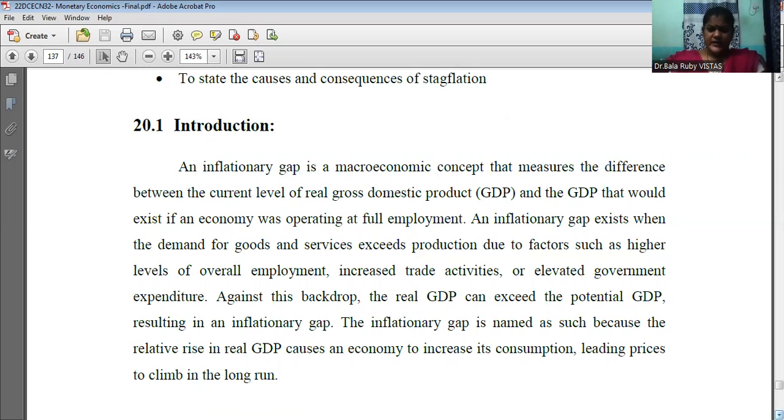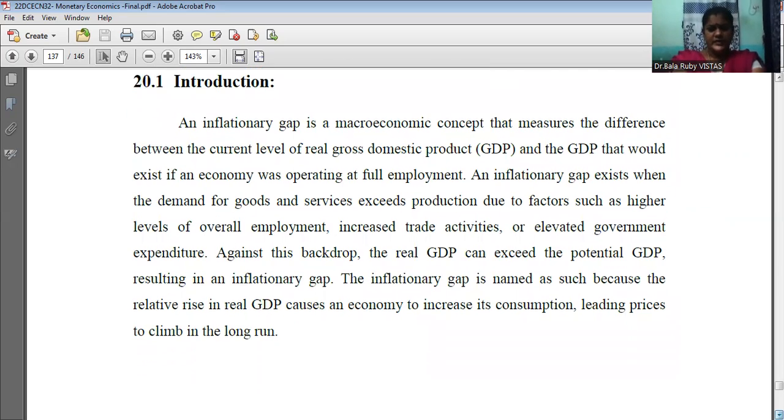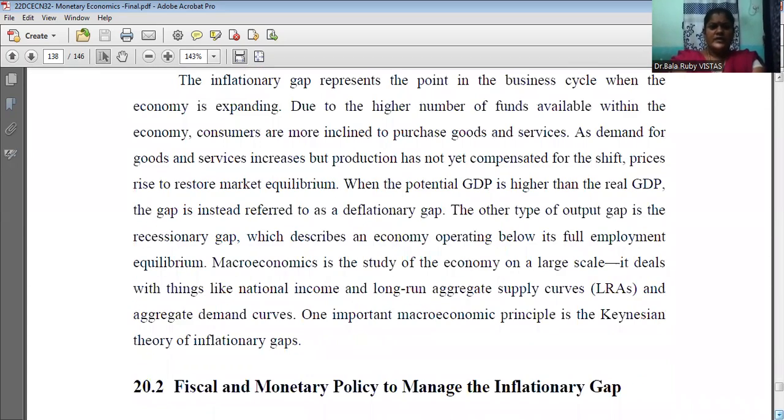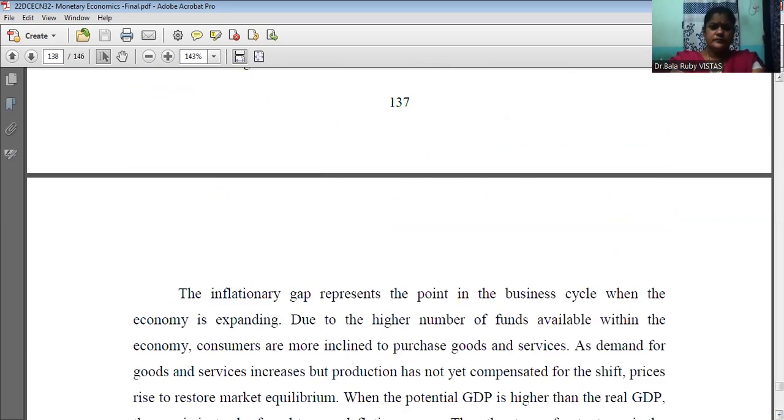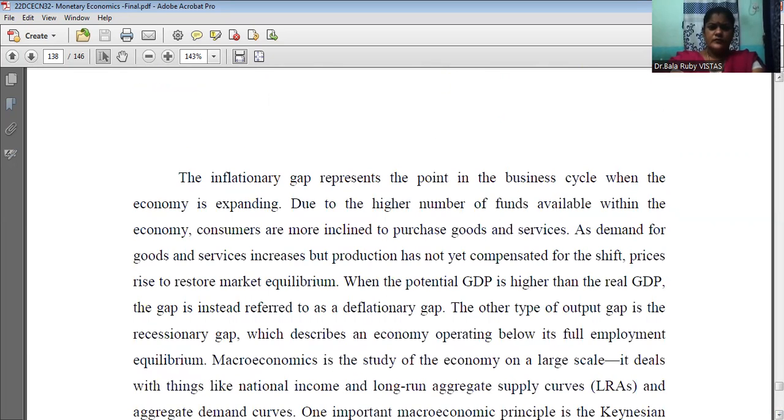The inflationary gap is named as such because the relative rise in real GDP causes an economy to increase its consumption, leading prices to climb in the long run. So the inflationary gap normally represents the point in the business cycle when the economy is expanding.